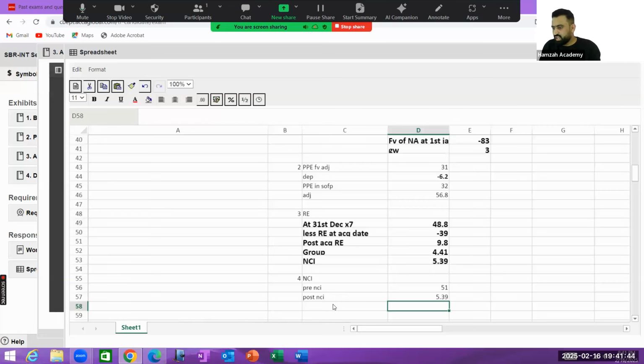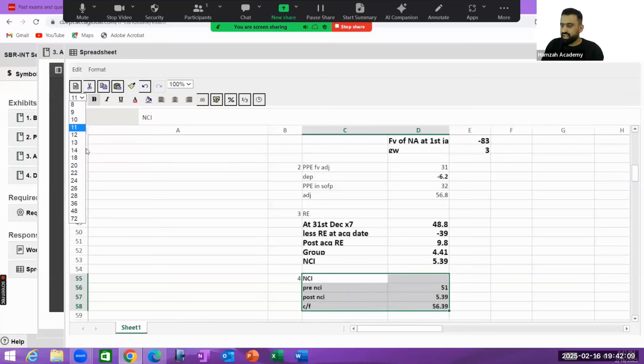So the total NCI value which we have incorporated in the consolidated financial position is equal to 56.39. 56.39 is the total value of the NCI which we have incorporated.